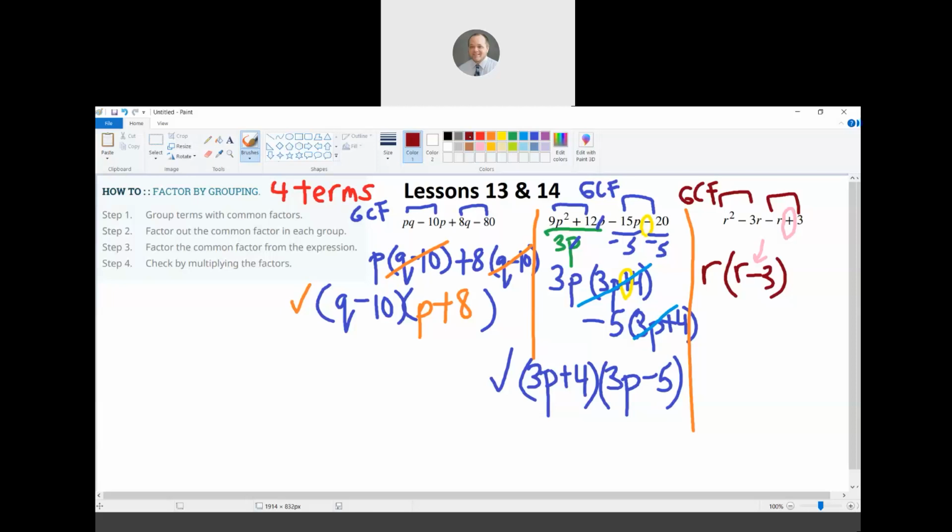But remember, by default, you can always divide by 1, or in this case, -1. So when we pull out a -1, -r divided by -1 is a positive r, and a positive 3 divided by -1 is -3.